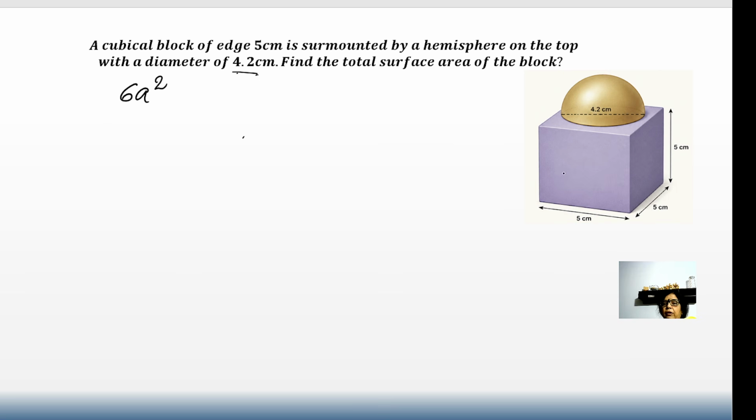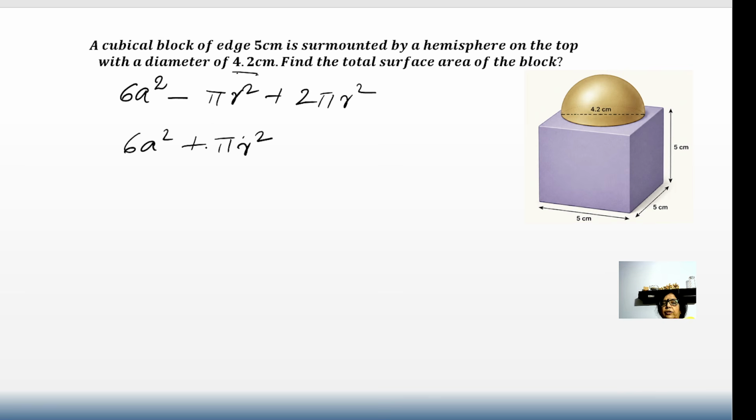Then in the top surface, because this hemisphere has been placed in this manner, the base area of the hemisphere has to be removed from the total surface area calculation. So we'll subtract pi r square. But the curved top surface is there and that is 2 pi r square. So this becomes equal to 6a square plus pi r square.